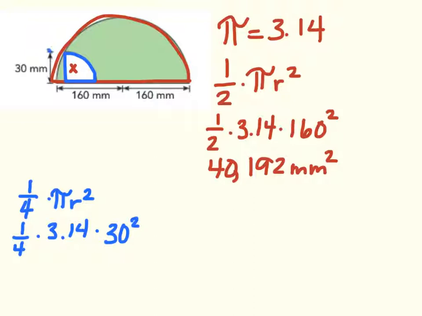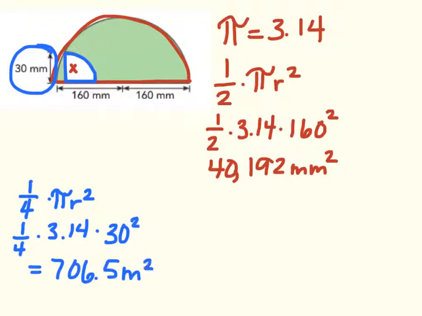See here that the radius for our quadrant is 30 millimeters. So let's go ahead and plug that through. It's okay to use your calculator for this. You'll first want to square 30, then multiply that times 3.14, then divide by 4. That will give you the correct answer. And the correct answer is 706.5 millimeters squared.